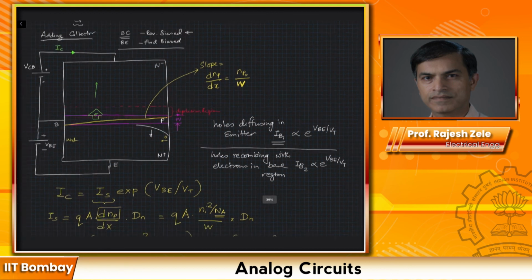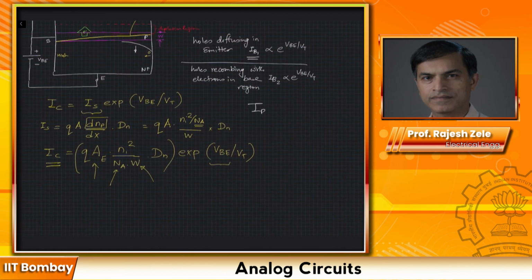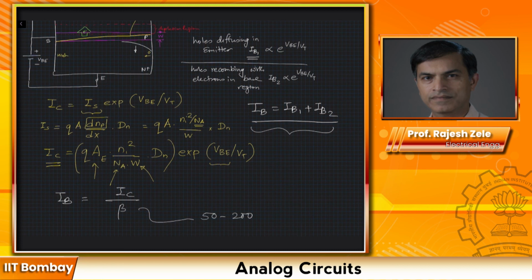So the total base current IB is given by IB1 plus IB2. Generally we denote the base current as a small fraction, because all this stuff that's happening is really tiny. So the base current is a small fraction of collector current, IC divided by beta. The beta is in the range of 50 to 200 depending upon the quality of the transistor.